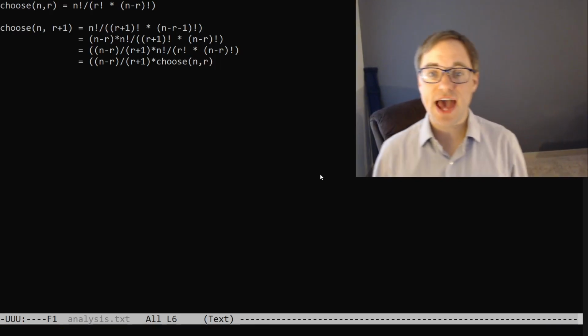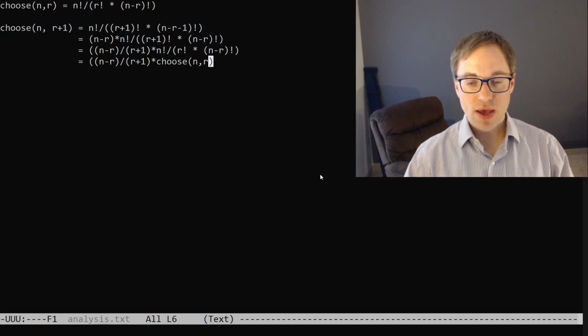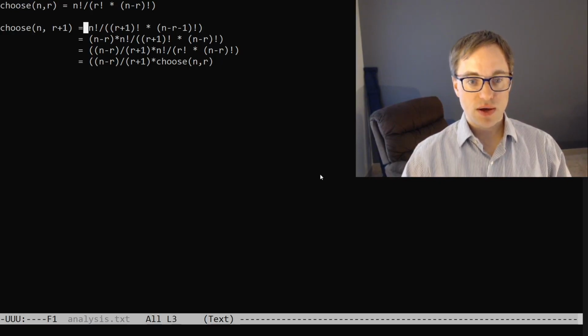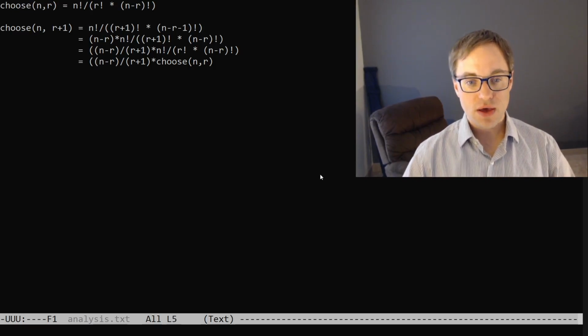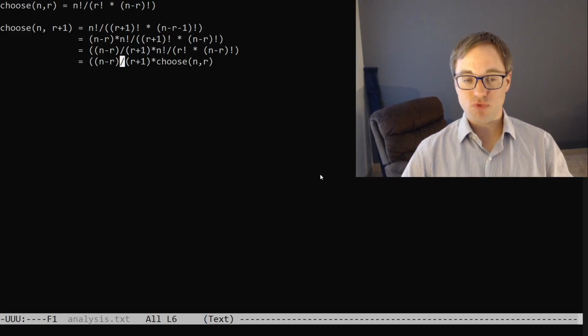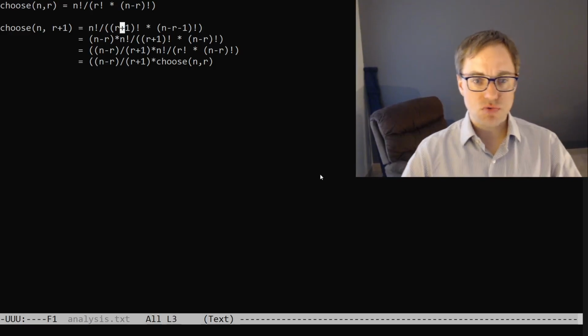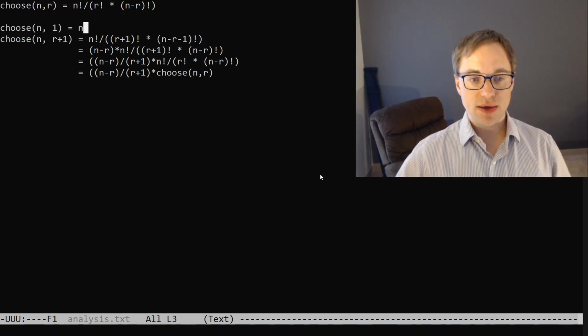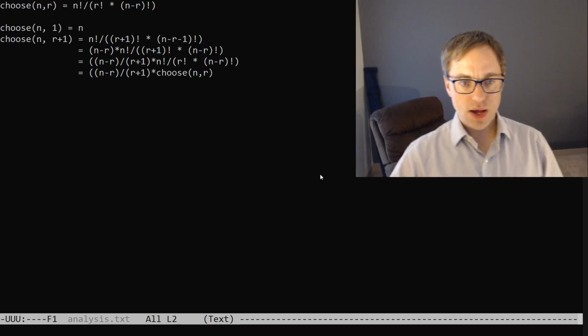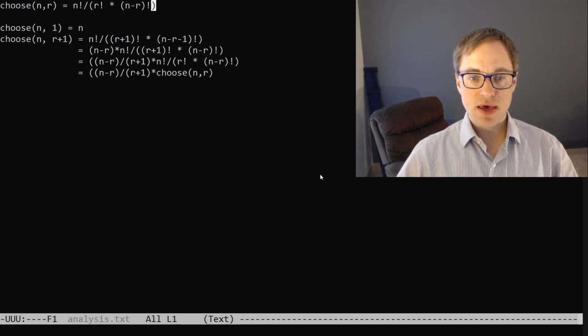And so this is exactly what I was describing, where we want a way to efficiently determine the next element in a row of Pascal's triangle from the one before it. And just to recall our base case, if we do n choose 1, that's just going to be n. I think it's not too difficult to see if you plug in 1 for r up here.